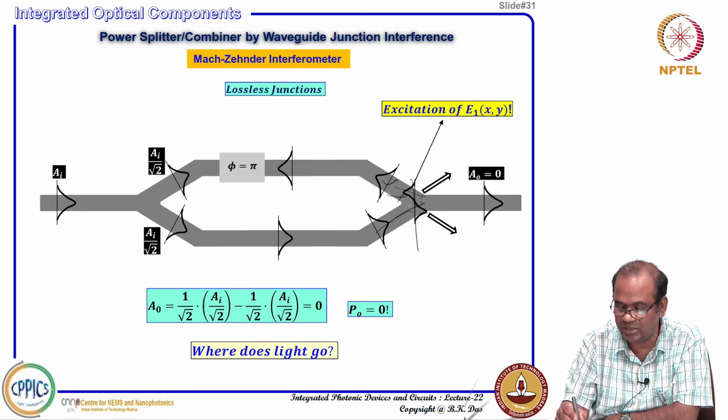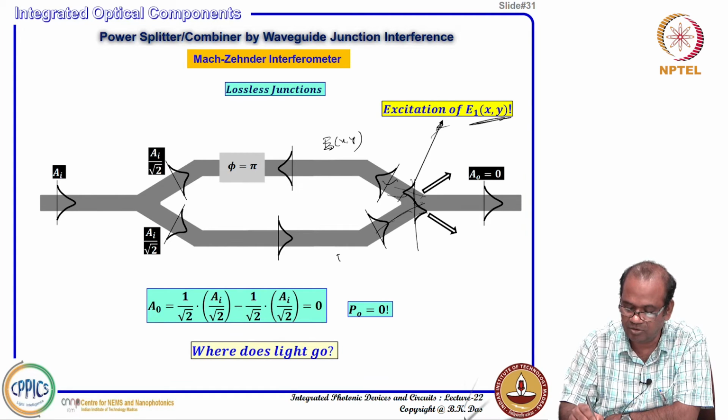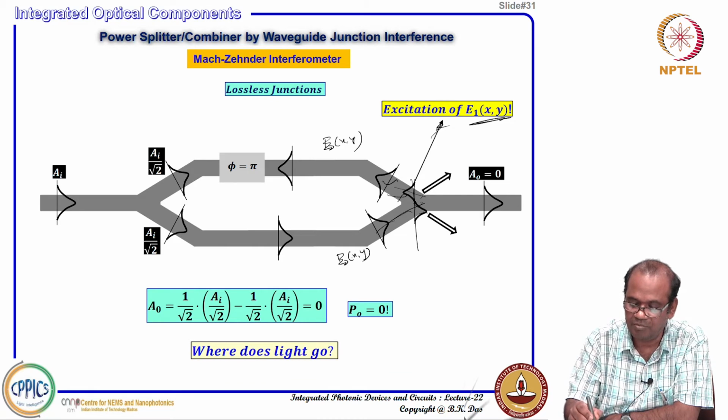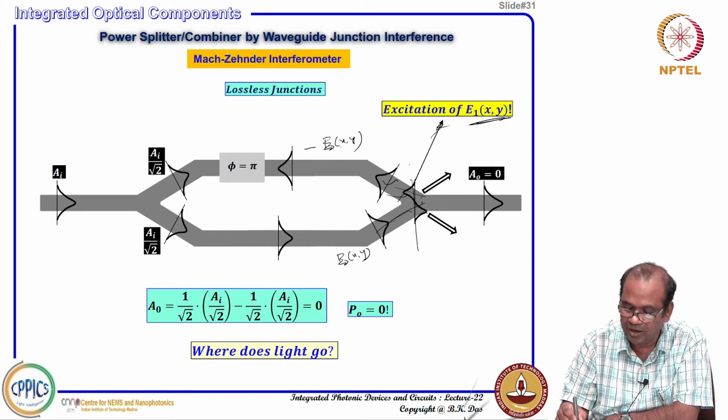If you merge them, it will look like an E1 xy. It was coming as E0 xy from this side, and here also E0 xy from this side, but this E0 xy has a minus phase shift. So when their distribution is like that, it will look like a higher order mode and will excite the first order mode.